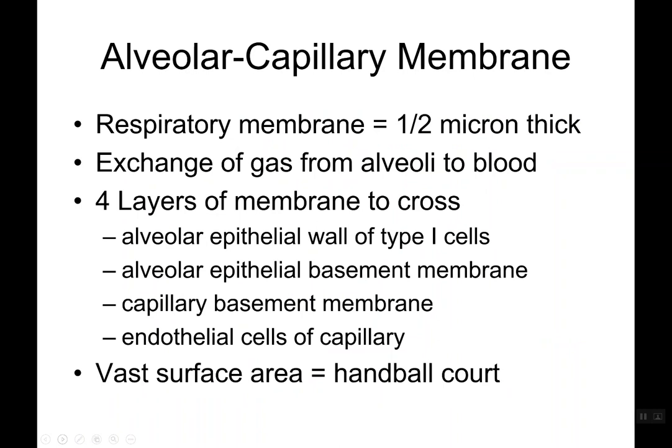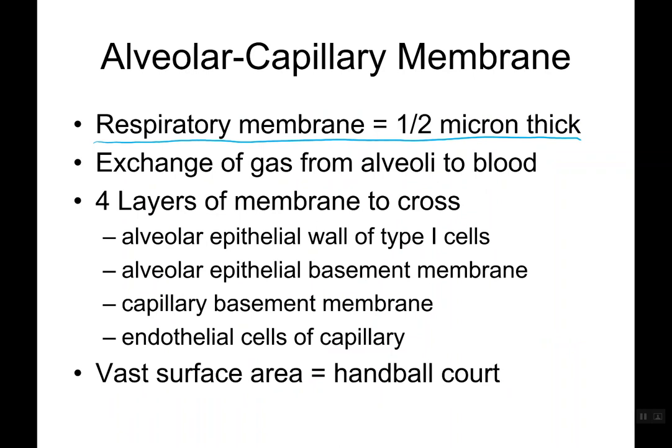So, speaking of the alveolar-capillary membrane, the respiratory membrane is about 1/2 of a micron thick, which is very, very small. So to put that in perspective, a red blood cell is about 6.5 microns in diameter. This is 1/2 of 1 micron. These facilitate the exchange of gas from the alveoli to the blood.